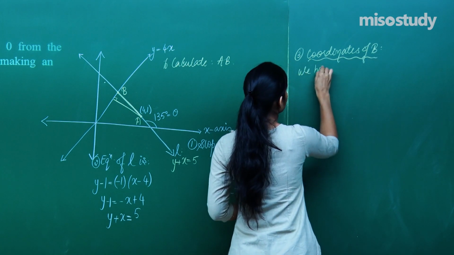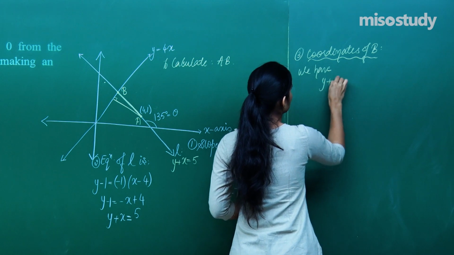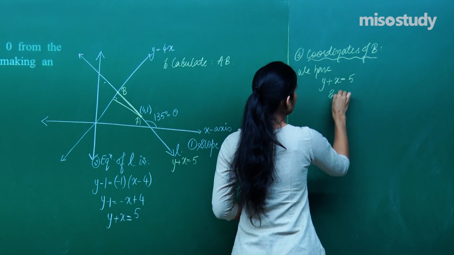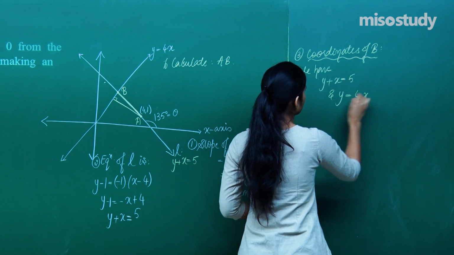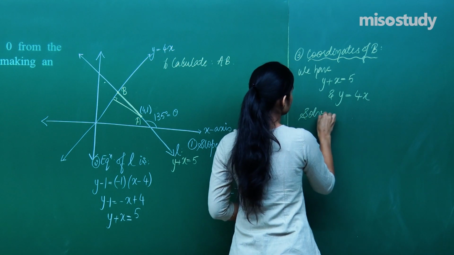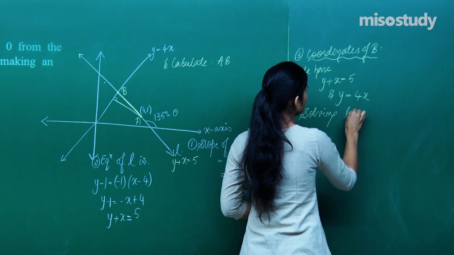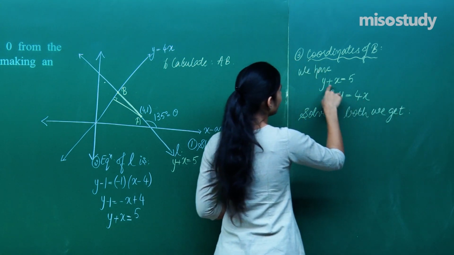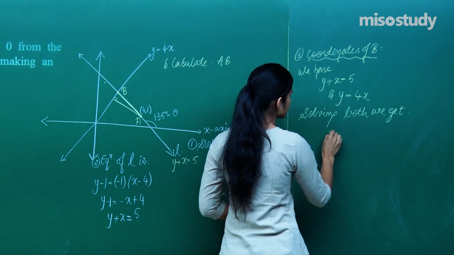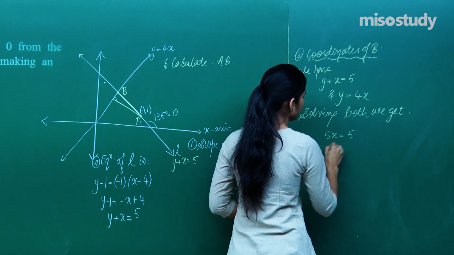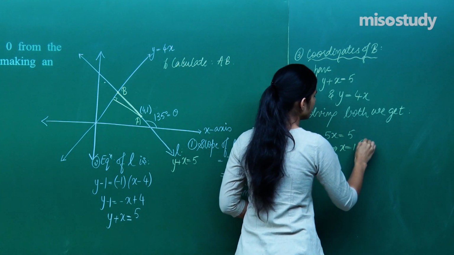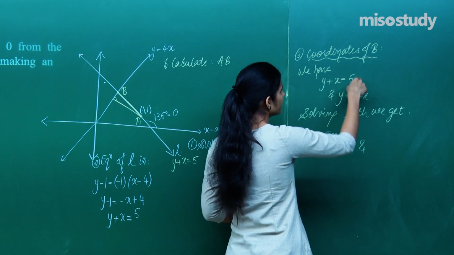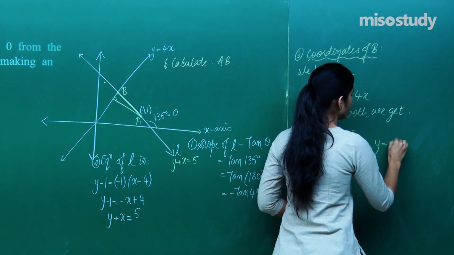We have y plus x equals 5 and y equals 4x. Solving both, just put y equals 4x here, you get 4x plus x is 5x equals 5, which implies x equals 1, and if you put x equals 1 you get y equals 5 minus 1, which is 4.